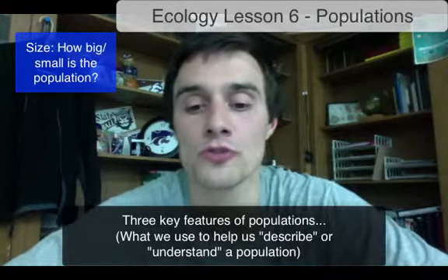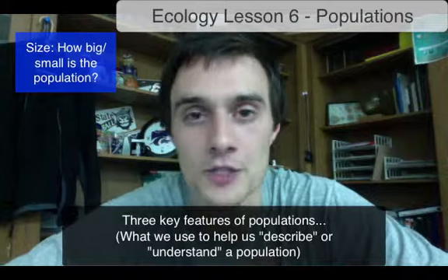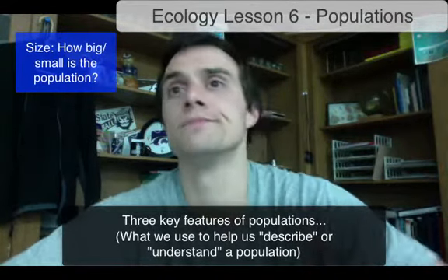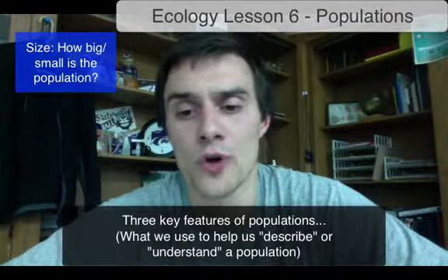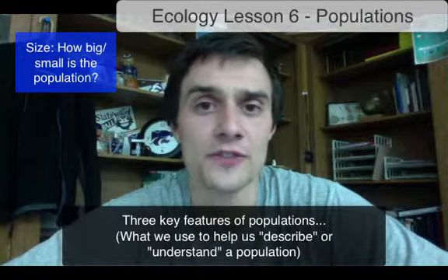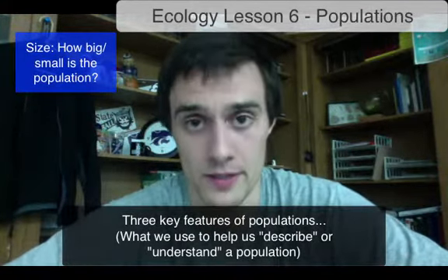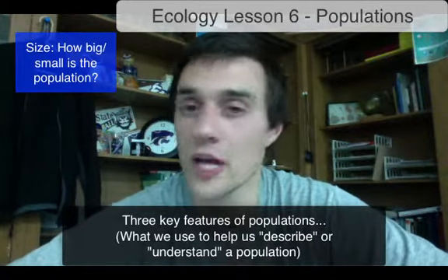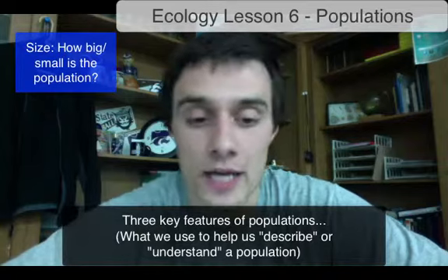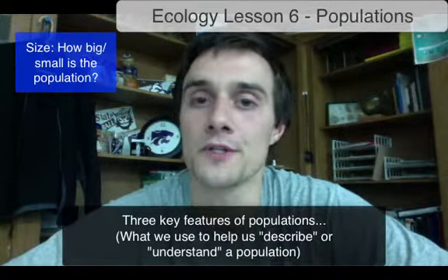Small populations are also at a greater disadvantage compared to larger, more abundant populations because natural disasters like fire, flood, tornadoes, and drought can harm a smaller population much more than a larger one. So population size tells us a lot about that population.